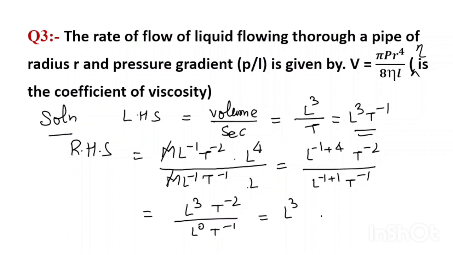Now we shift T power minus 1 in numerator. L power 0 is 1. So this is minus 2 plus 1. So this is equal to L cube T minus 1. Now on the right hand side dimension is L cube T minus 1 and on left hand side L cube T minus 1.